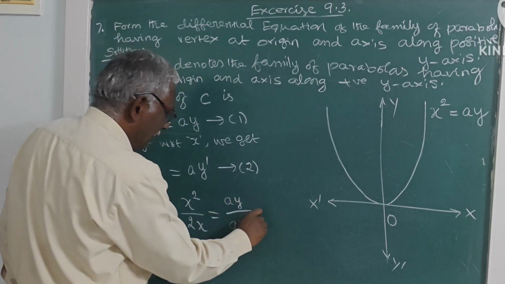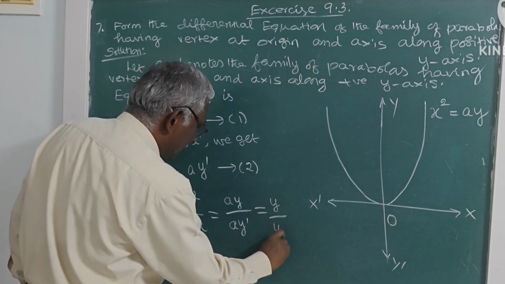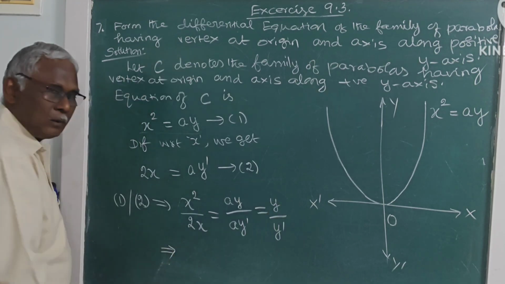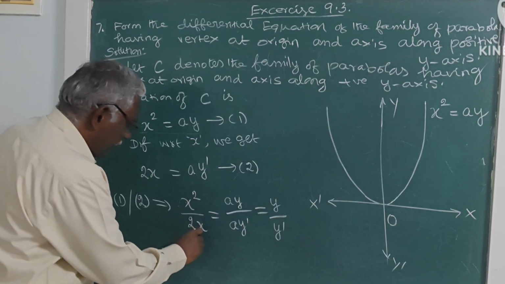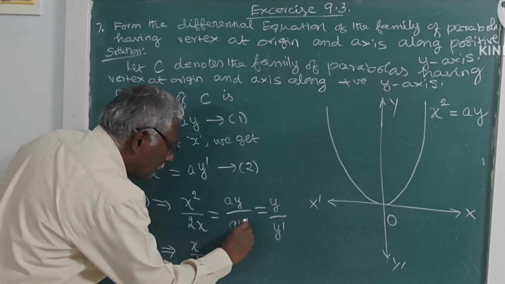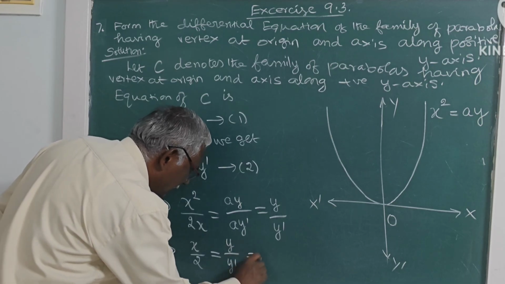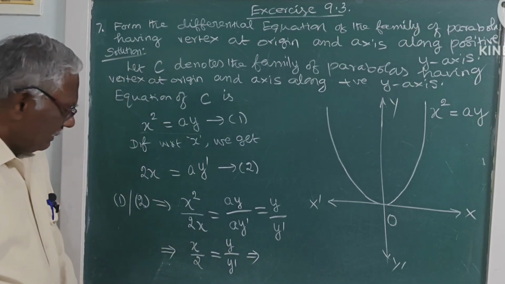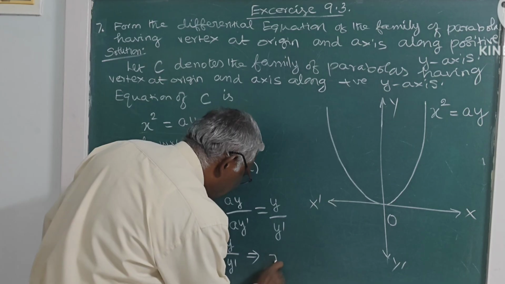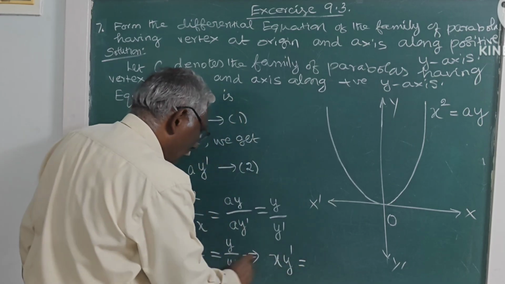So here a will get cancelled and we will get y by y dash. So this gives x by 2 is equal to y by y dash. Now if we cross multiply this, x y dash is equal to 2y.